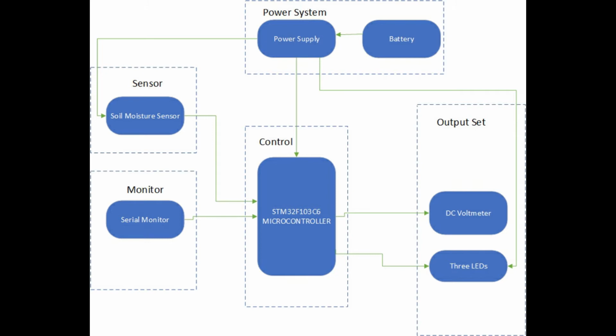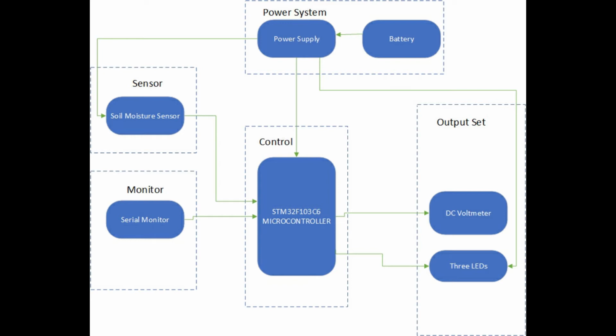We have the soil moisture sensor as our analog input, and the analog value will be sent to the STM32. Then the data will be processed and converted to the outputs, which are a DC voltmeter and also 3 LEDs. We have a serial monitor as our display.